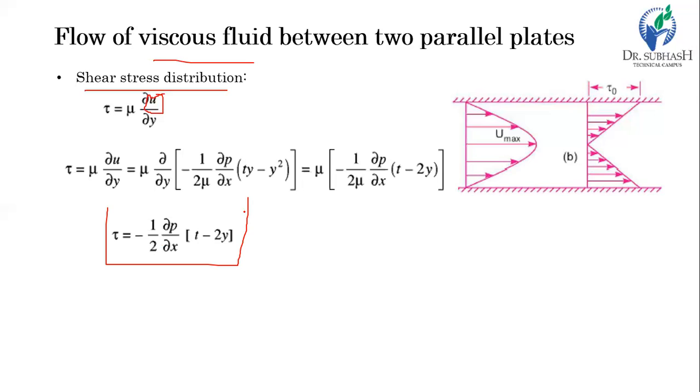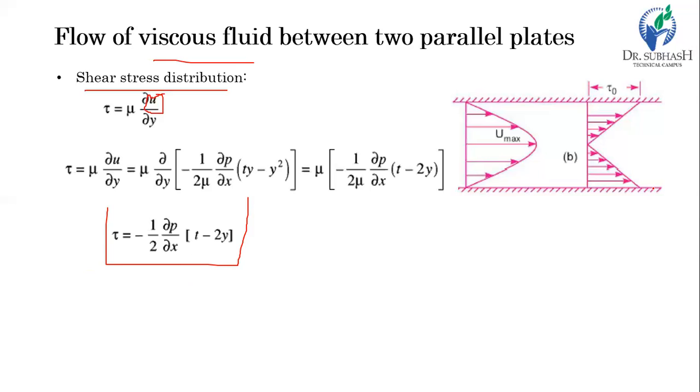From this equation, we can conclude that here 1 by 2 is constant, and del p by del x is the rate of change of pressure with respect to the x direction, which we can also take as a constant. t is the physical dimension, the distance between the two parallel plates. So we can say tau is directly proportional to y, and thus there is a linear relation between tau and y.